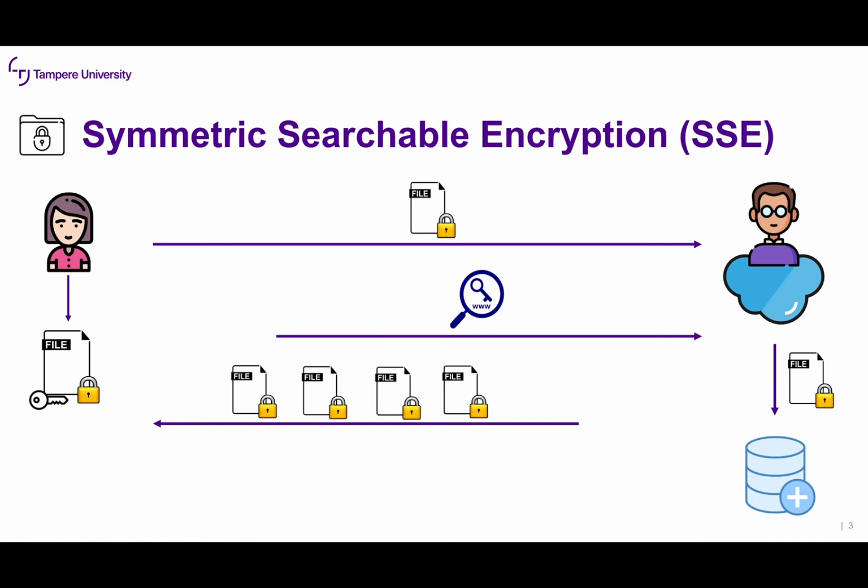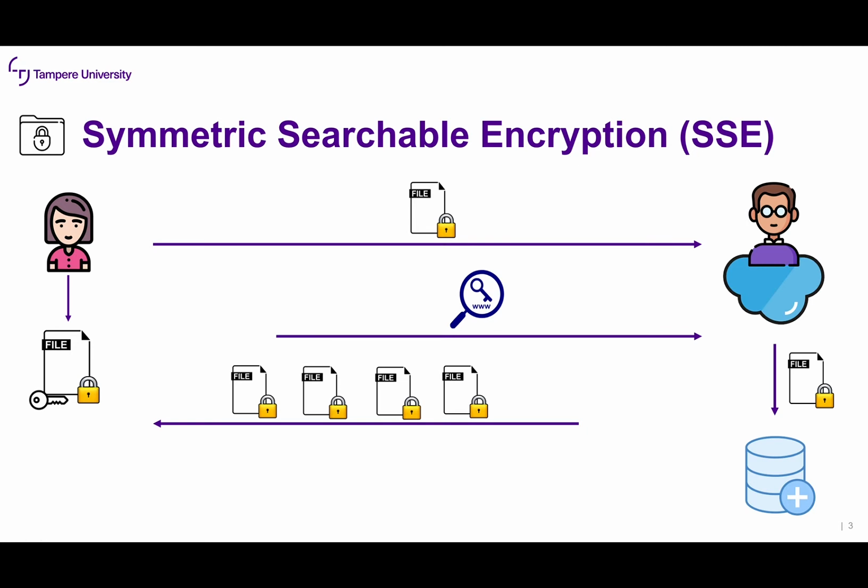Now, the important thing to mention here is that in that step where Alice is sending the search query to Bob with the keywords Tampere University, in a proper SSE scheme, Bob should not be able to get access to the actual keywords that Alice is looking for.